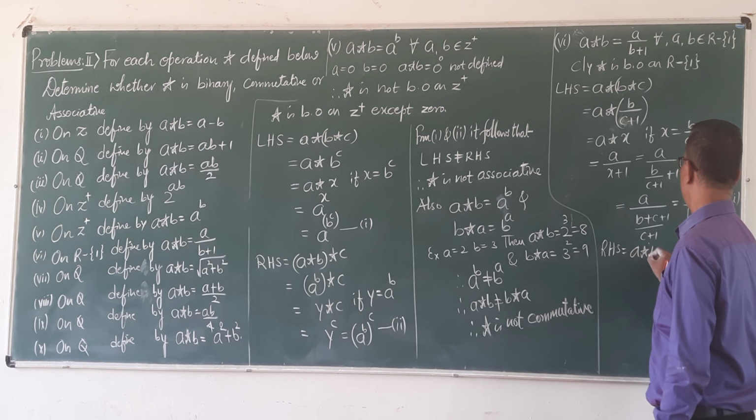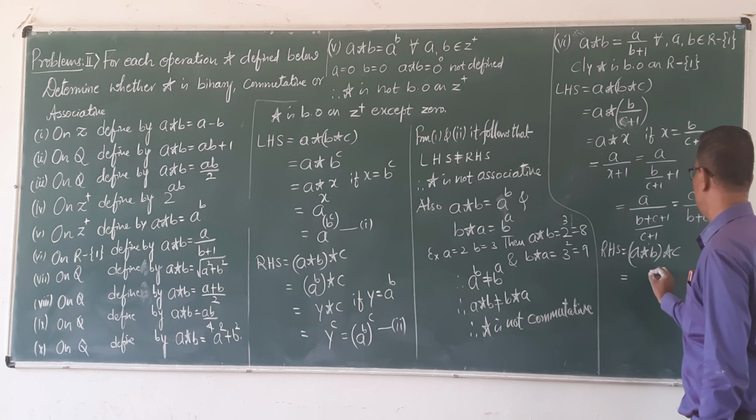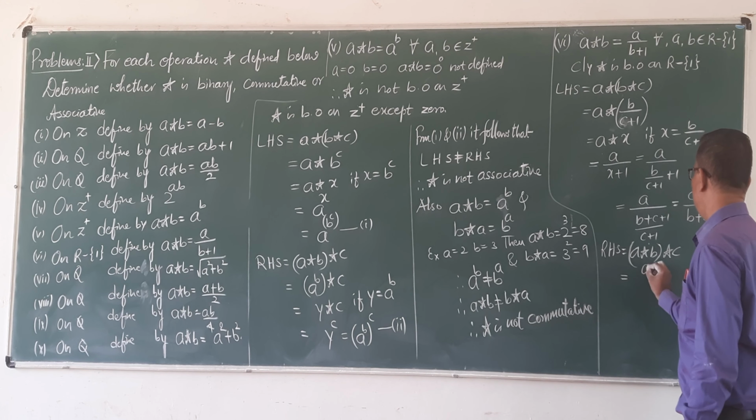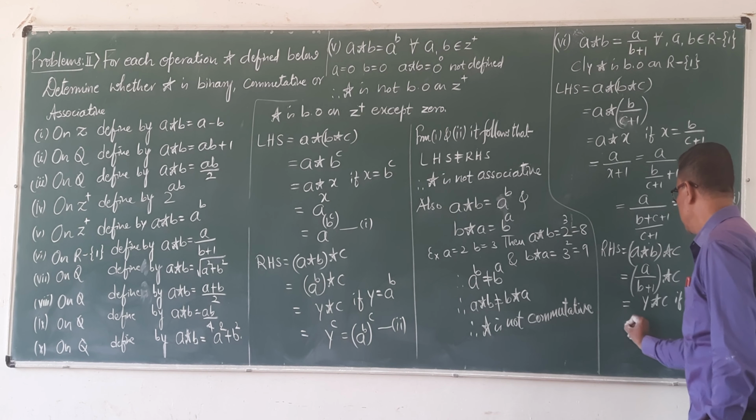Then take RHS. a star b of star c is equal to a star b value, a divided by b plus 1, star c. Put a divided by b plus 1 is equal to y, star c, where y is equal to a divided by b plus 1.